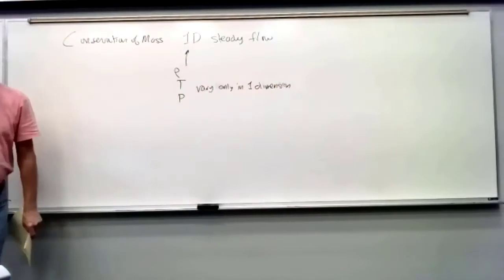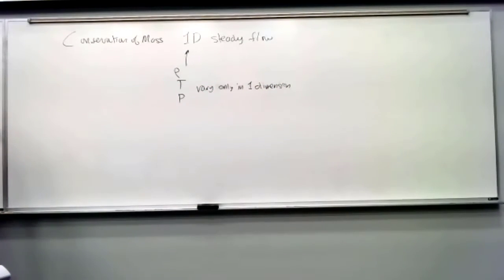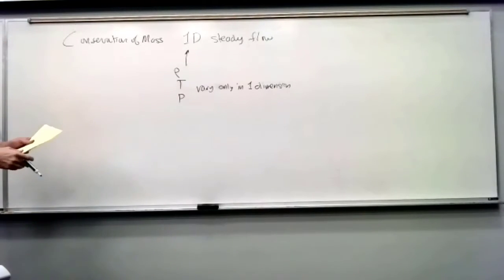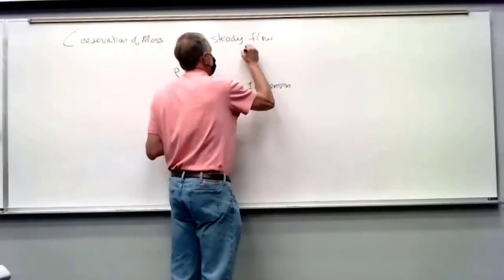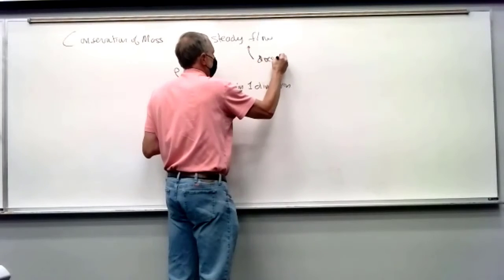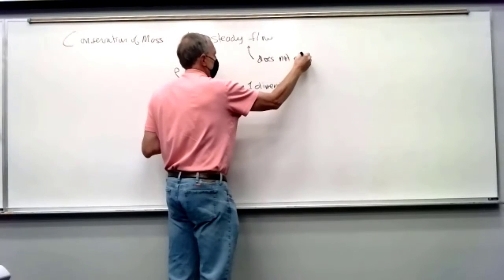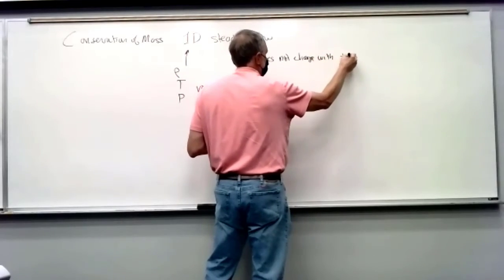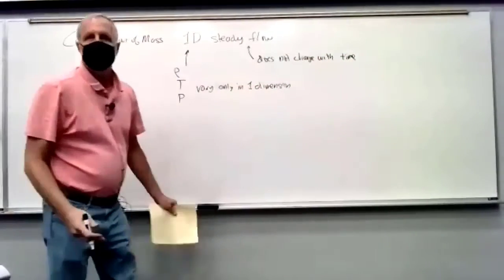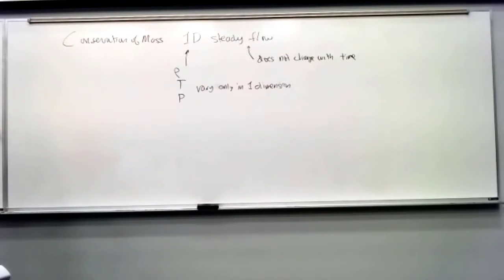So I'm going to draw a picture of that. It means the temperature or density only changes when we go from here to here. And then the steady flow means it doesn't change with time. So it's steady. It's like the flow is always the same all the time.